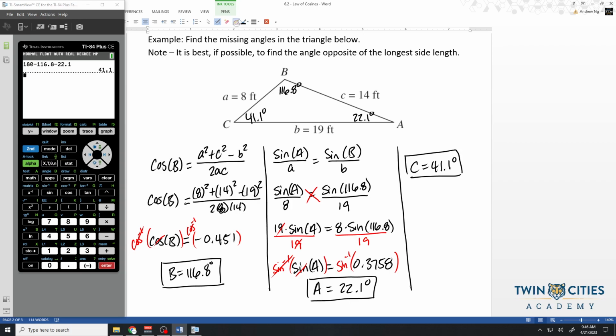All right, let's highlight our answers here. We have found that B is 116.8 degrees, A is 22.1 degrees, and C is 41.1 degrees.